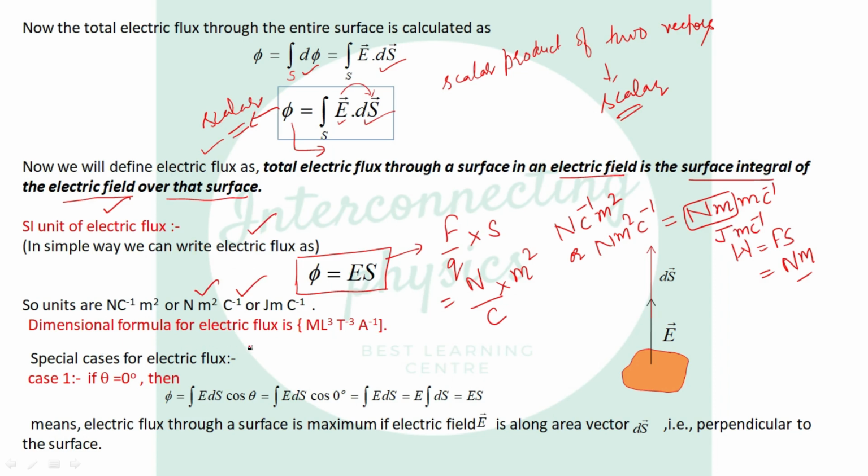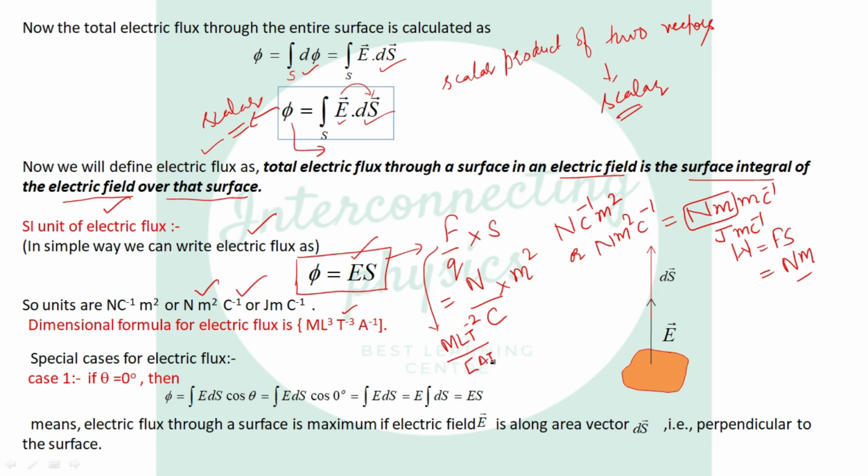Now the dimension formula of electric flux can be calculated. I told you, never cram the dimension formula. Always remember the relevant formula, and then calculate the dimension formula from that relation. What is the dimension formula for force? It is M L T minus 2. What is the dimension formula for Q?